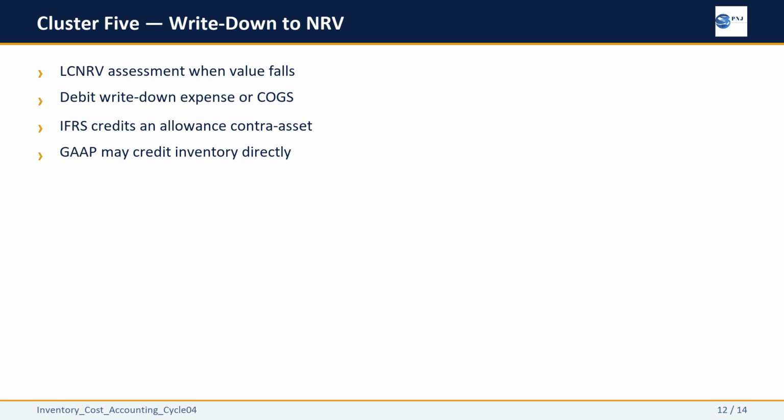Under International Financial Reporting Standards, IFRS, you credit an allowance for inventory write-down, a contra asset that can be reversed if value recovers. Under United States GAAP, you may credit inventory directly. Either way, the principle is conservatism. You recognize the loss in value as soon as you assess it, not when you eventually sell.